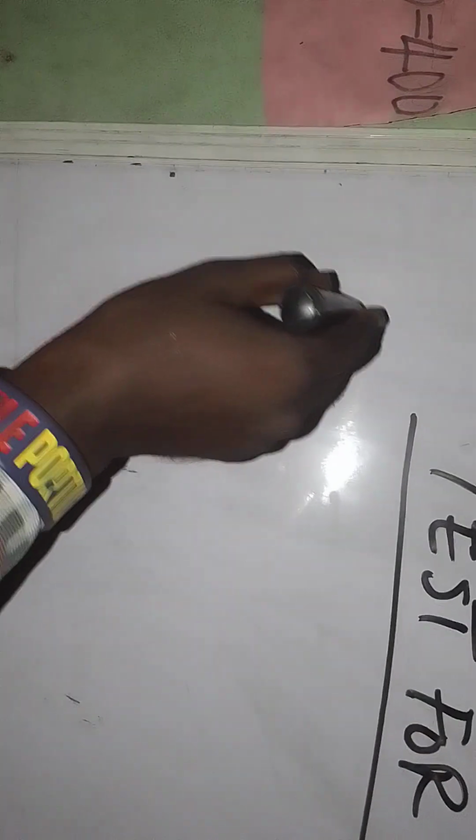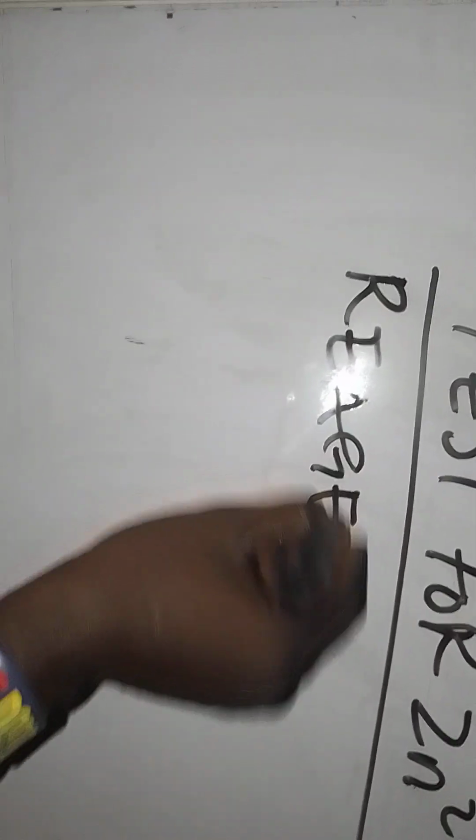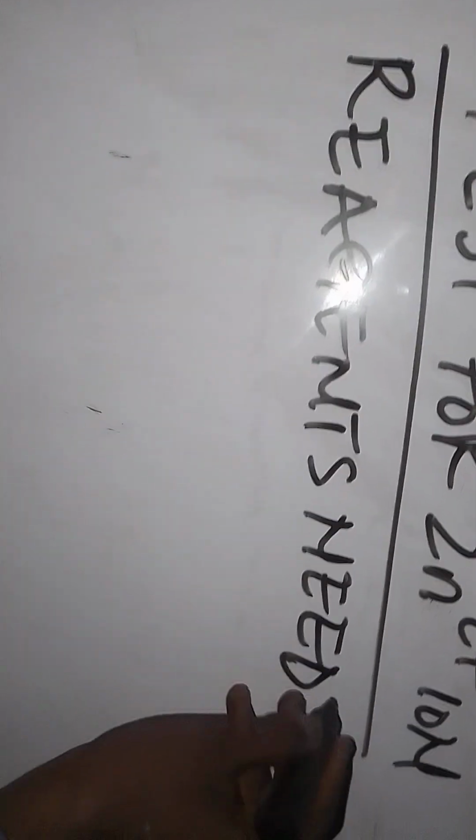So the first thing to learn here is test for zinc 2 ion. We need 2 reagents. There are 2 reagents needed.